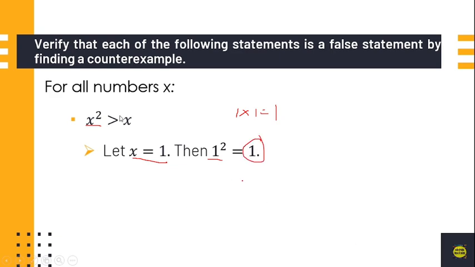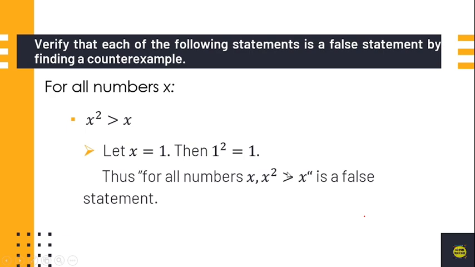The question then is whether 1 is greater than 1. So 1 is not greater than 1. Thus, for all numbers x, x squared is greater than x is a false statement.